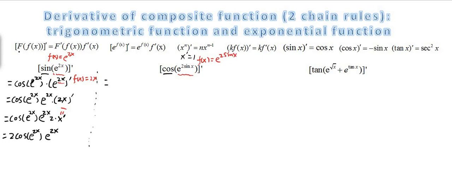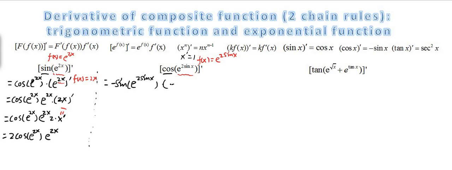And basically we're gonna follow this formula. The derivative of capital F, that means the derivative of cosine, means negative sine. Okay, and f(x) is e to the power 2 sine x.